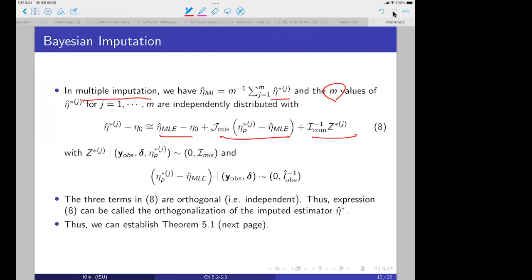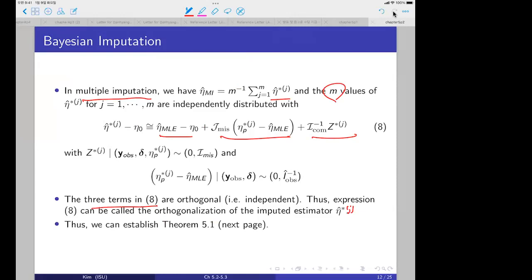Then the 3 terms in 8 are orthogonal, and thus expression 8 can be called the orthogonalization of the imputed estimator.